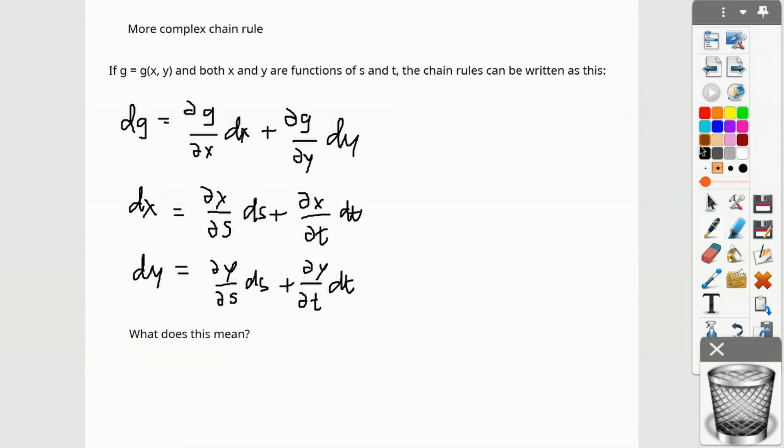More complex chain rule. So sometimes maybe you'll be able to find some numbers, but you won't be able to find specific functions for them. And you only have functions defined in terms of other functions, or other outputs that aren't the thing that you want to find, but you know the equation for it, right?